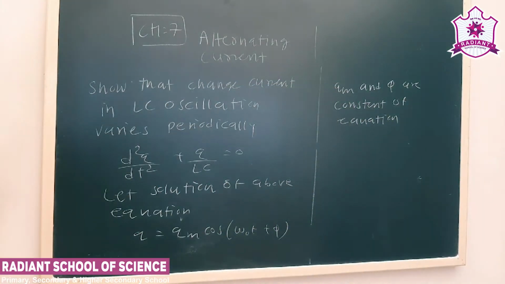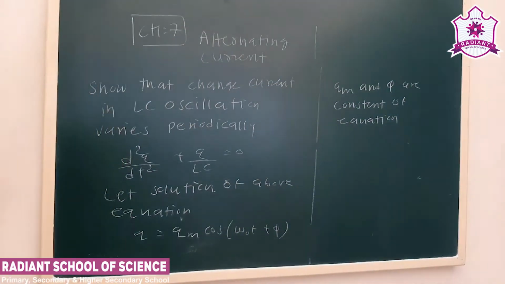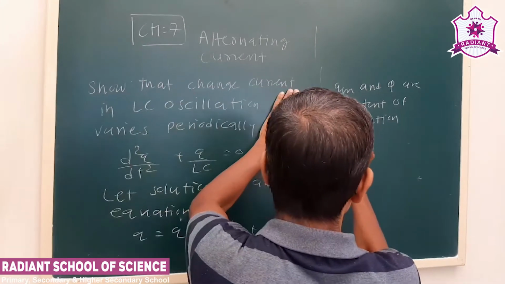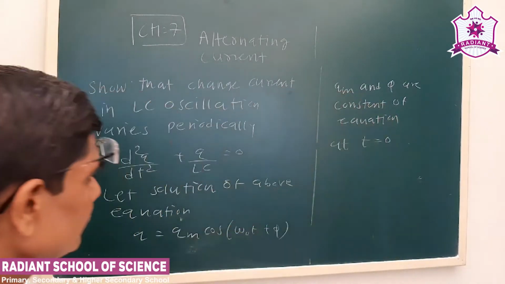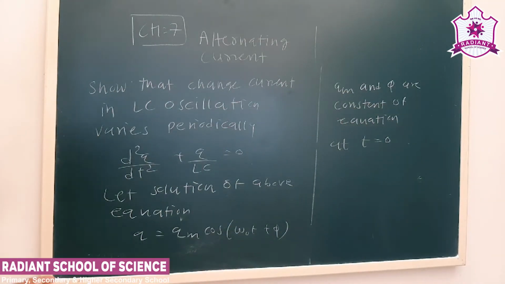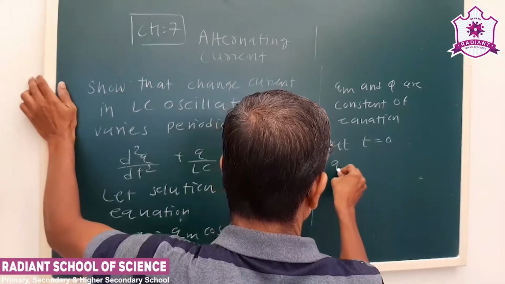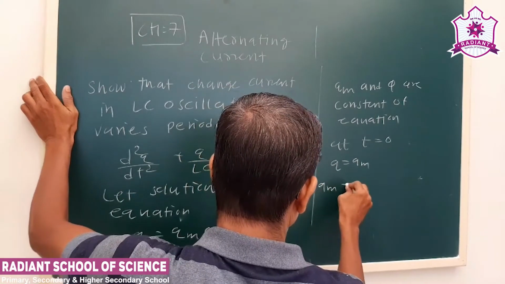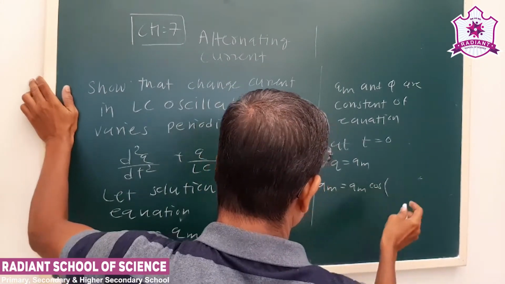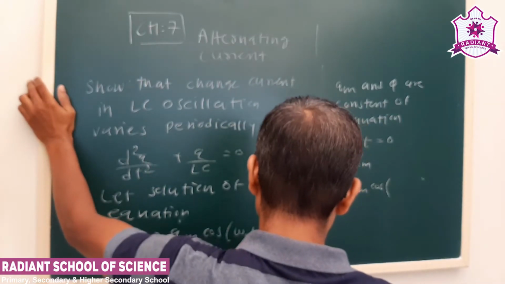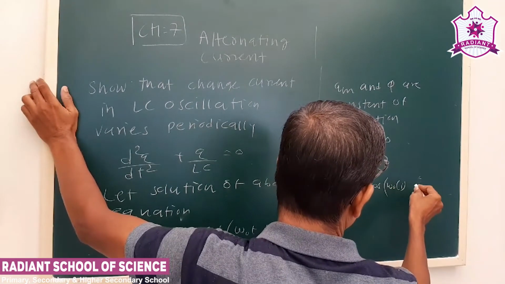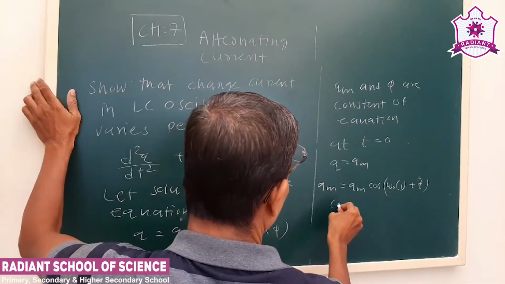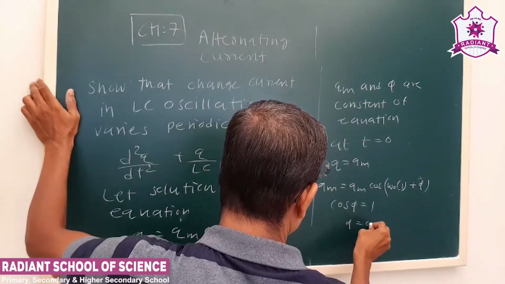Now see what is our t equal to 0: the moment where the battery is removed and the inductor is connected. So at t is equal to 0, q will be equal to qm, the maximum charge, and qm cos phi, so that makes cos phi is 1 and phi is equal to 0.